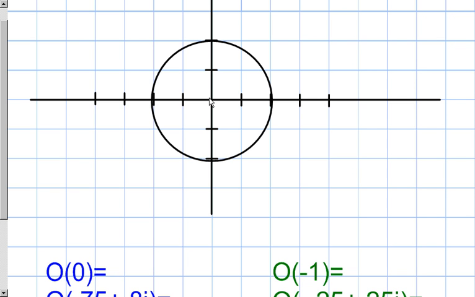Every single point on this curve will tend towards which constant? 1. How do I know that? Because if I turn any point on this curve into the polar system, which will not be a plus bi form, but r comma theta, then r will always be what? 1.